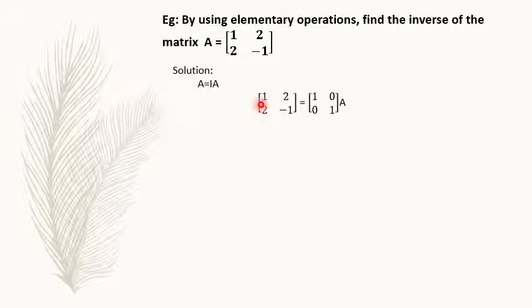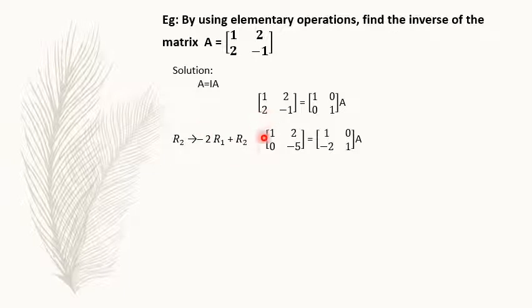We can multiply R1 by minus 2 and add that to the second row. That is, R2 is changed to minus 2 R1 plus R2. That is, we are multiplying the first row by minus 2 and adding that to the second row. R2 is changed to that.